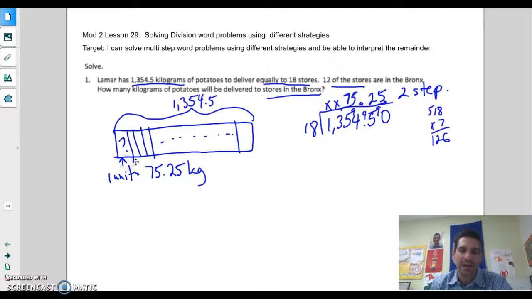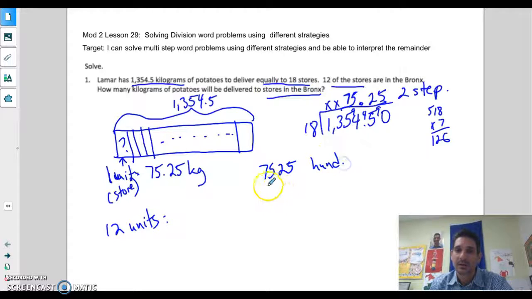So when I say 1 unit, now I got to figure out what 12 units are. And the 1 unit represents the store. So 1 unit is 1 store. Okay? So now I got to figure out what 12 units or 12 stores are. So now I got to do 75.25 times 12. So right now what I'm going to do is pause it again and you do the work and we'll catch up after.